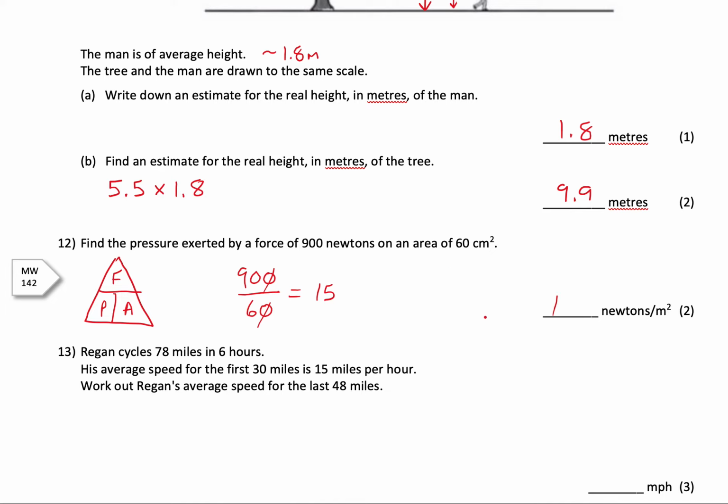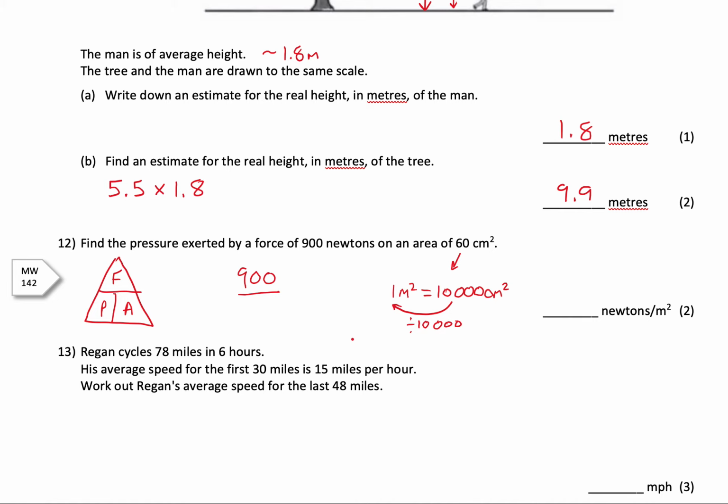Now, this is in newtons per square metre, so what I've not done yet, and I'm going to leave this in the video because it's good to see an error, is convert this to square metres. So 60 square centimetres, remember from earlier, 1 square metre is 10,000 square centimetres. So what I'm doing to get from this to this is dividing by 10,000.